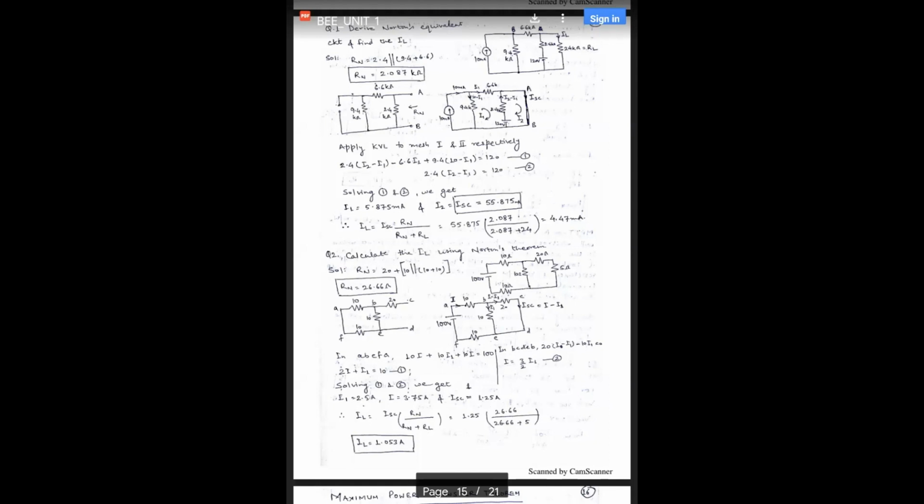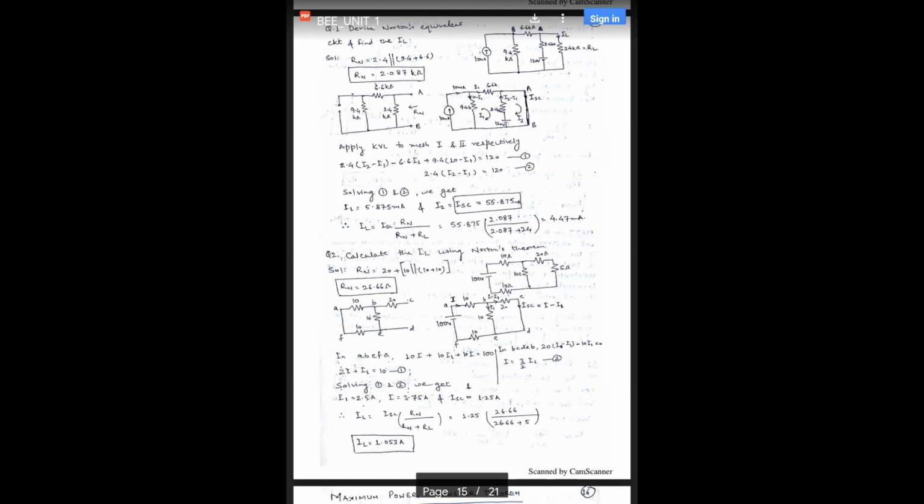So the similarity is the way we solve for the Thevenin resistance is the same as that of the Norton resistance. While calculating the Thevenin resistance, what we used to do is open circuit the load and calculate the current flow into the circuit.